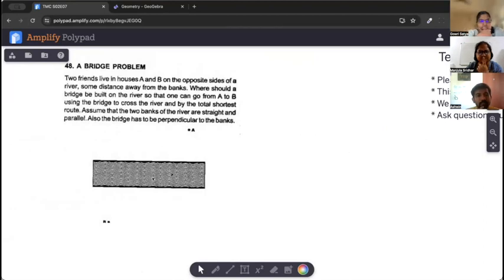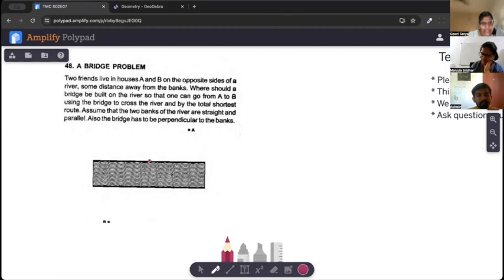So the shortest distance from A to B, but across the river, the bridge has to be perpendicular to the sides of the river, the banks of the river, assuming it's absolutely straight. Yeah, the bridge has to be perpendicular.